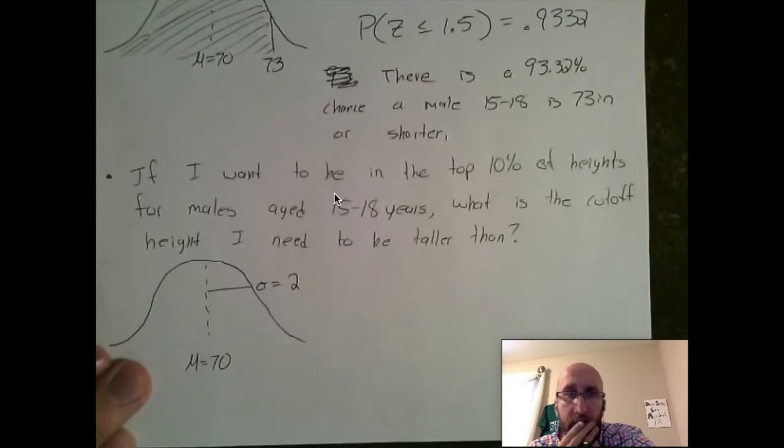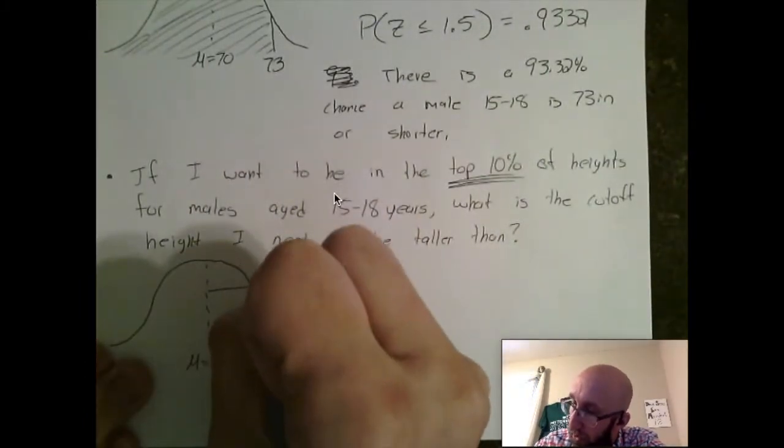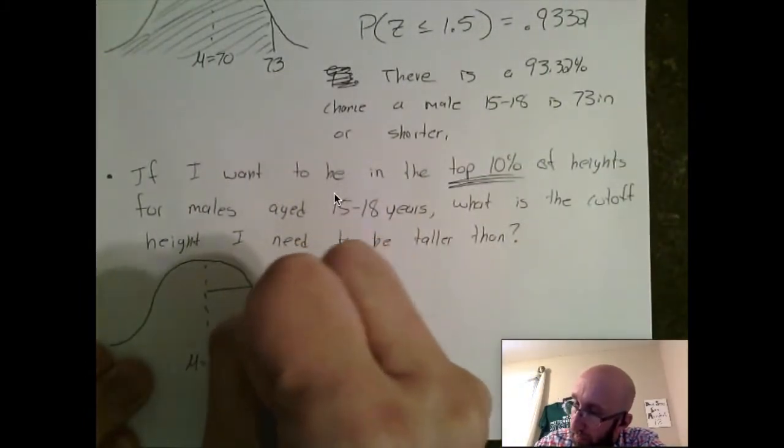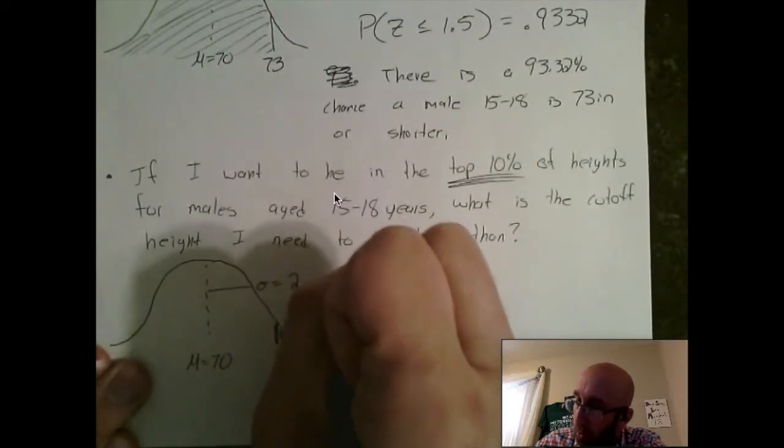What's different in this second question is it says if I want to be in the top 10% of heights, what is the cutoff height I need to be taller than? Well, what they're telling you is if we're in the top 10%, that means we're over here somewhere. And they're telling us that this area should be 0.1000.